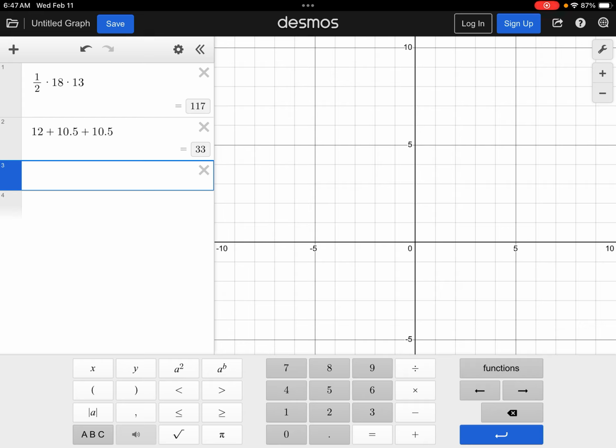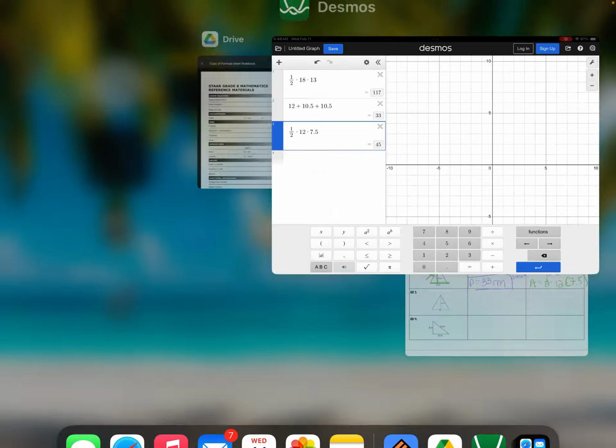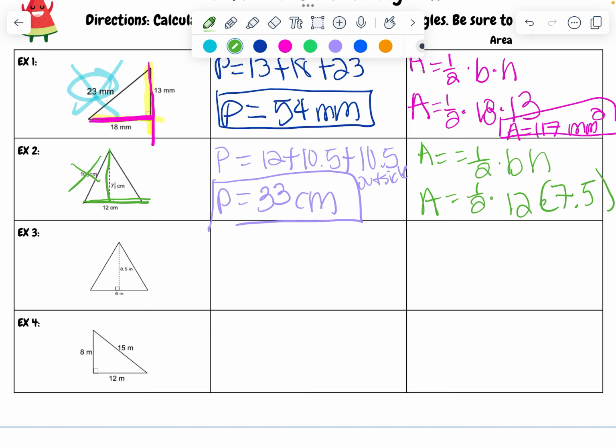So 1/2, arrow over, times the 12 times the 7.5. So my area to this triangle is going to be 45 centimeters squared.